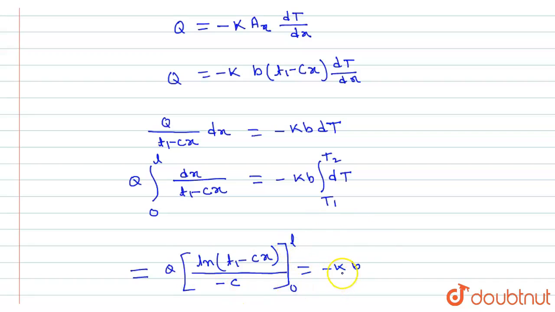Clear? And this is minus Kb and dT, and we can write this is equal to T1 minus T2.